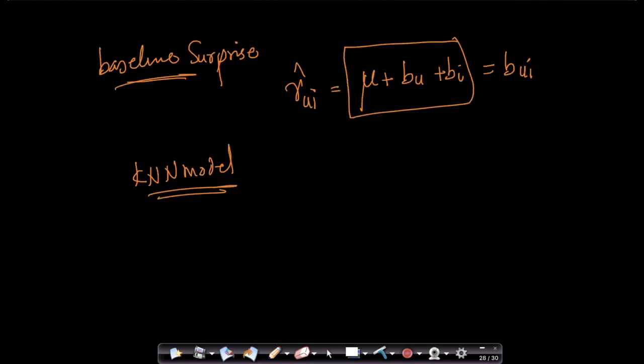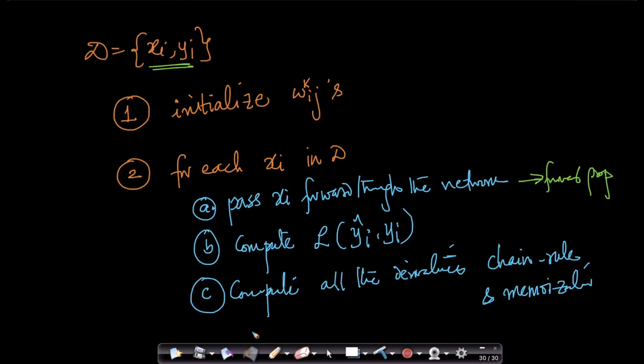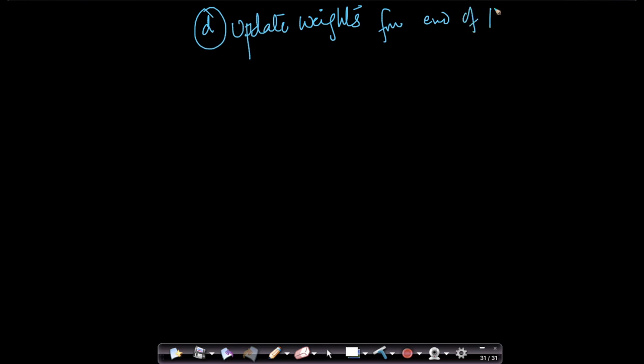And if you have all of the derivatives, the next step is to update weights from the end of the network to the start. So let me explain what I mean by it.